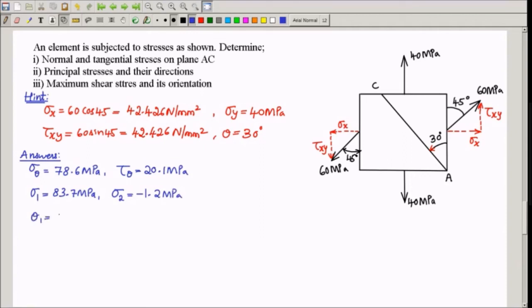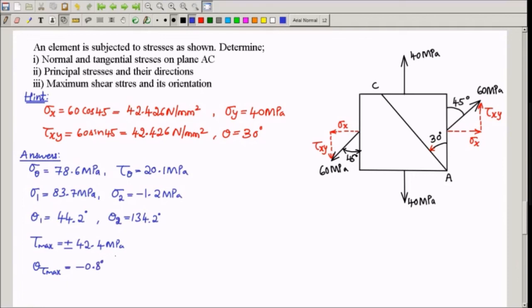Theta 1 should be 44.2 degree. Theta 2 should be 134.2 degree. Tau max should be plus or minus 42.4 MPa. And theta tau max should be minus 0.8 degree. These are the answers you should get.